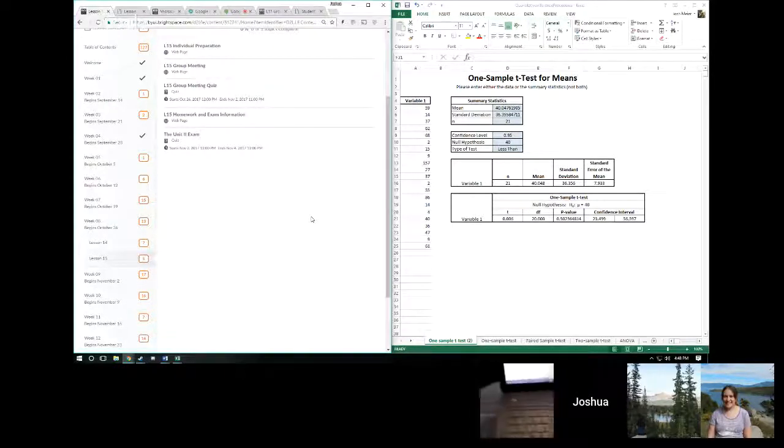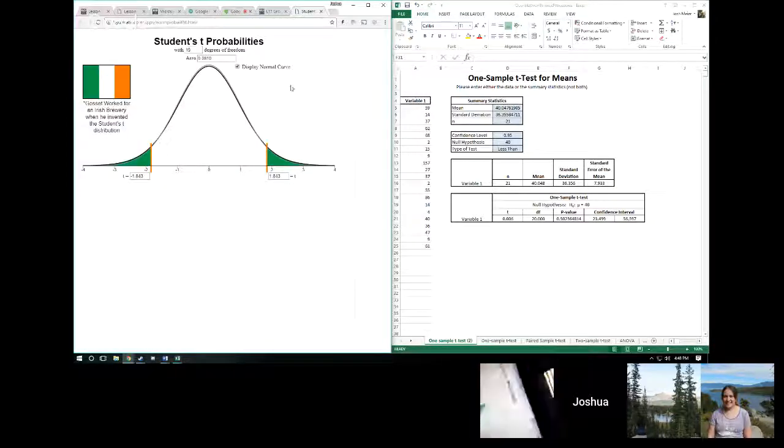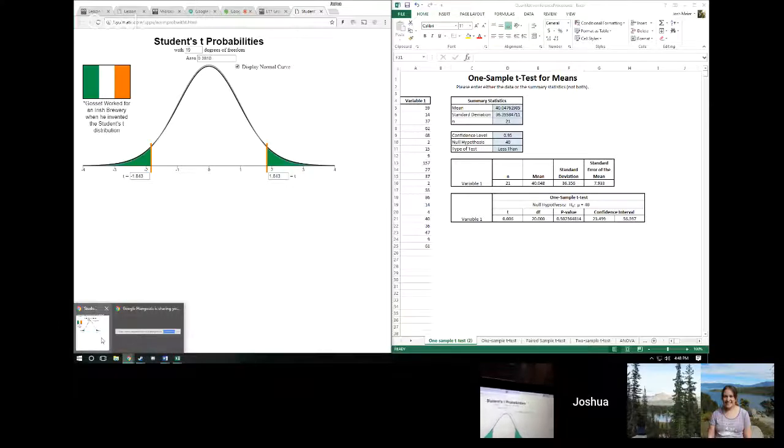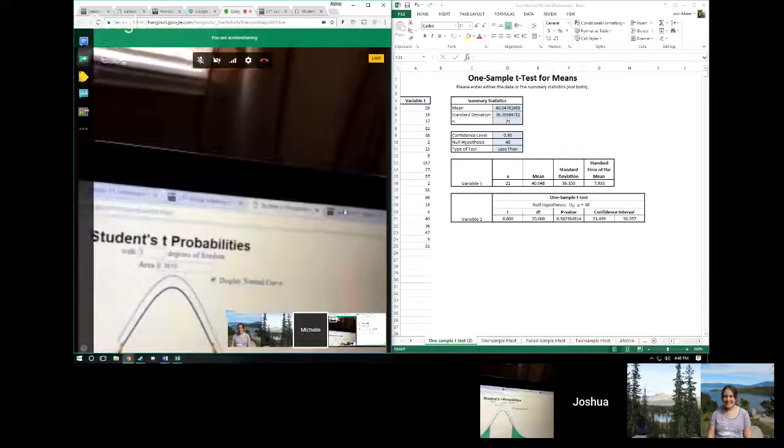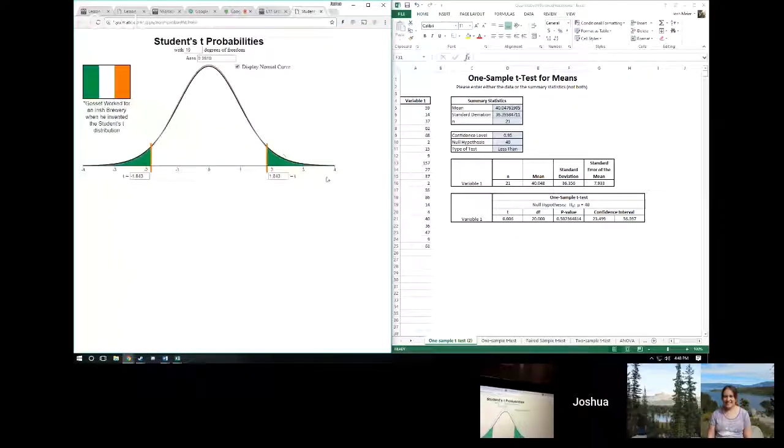What do we do with the student's t probabilities? I downloaded the little thing, but how do we use this? I don't know, I was trying to figure that out.